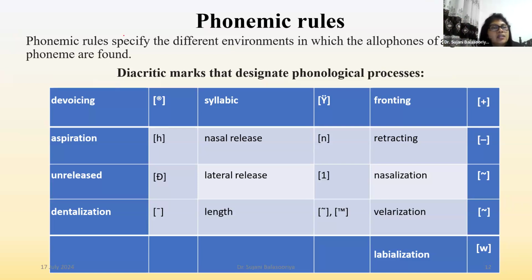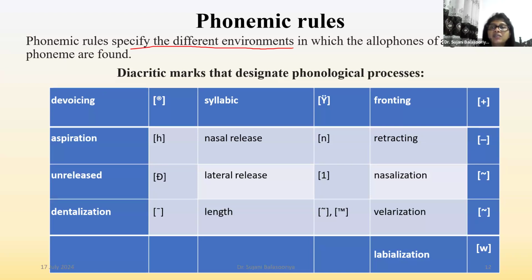Right. Phonemic rules specify the different environments in which the allophones of a given phoneme are found. What do the phonemic rules do? They specify the different environments in which the allophones of a given phoneme are found. Earlier, a few seconds ago, I was talking about allophones.